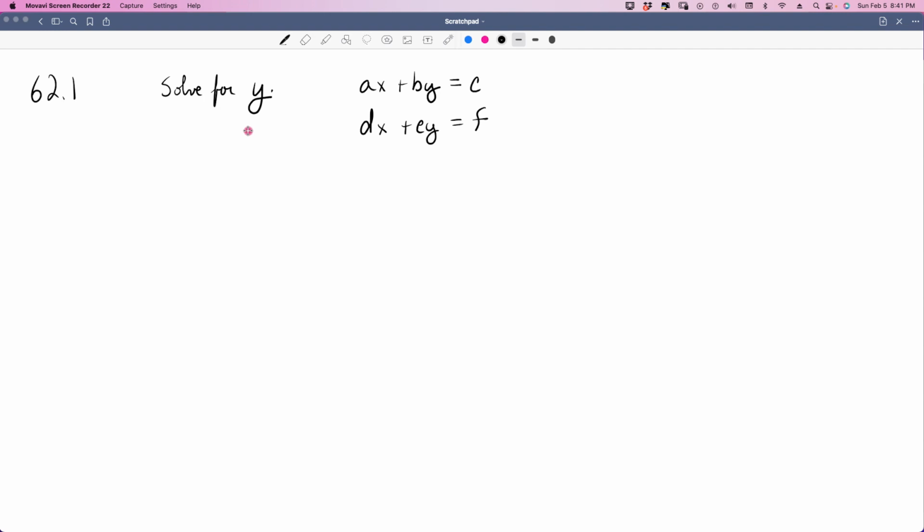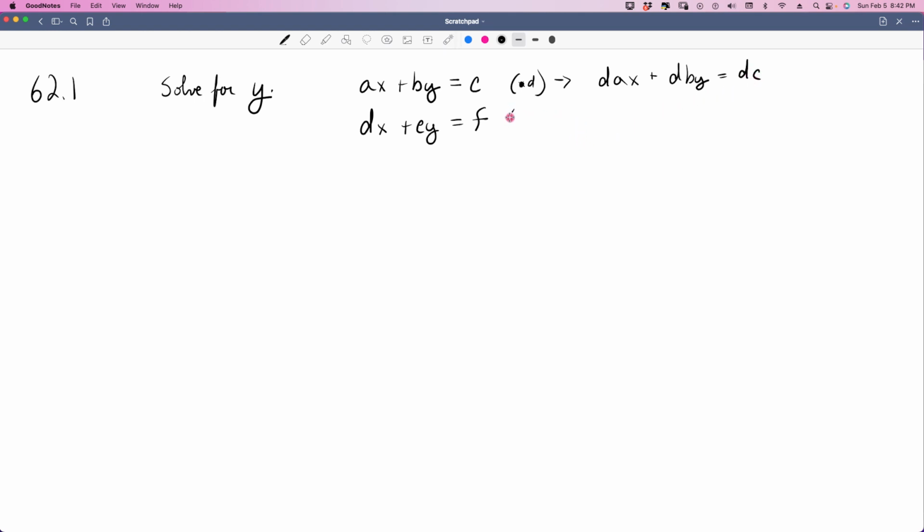So the first thing that we need to do is we are going to multiply by the opposite coefficient, and one of them is going to be a negative. So for the first one, let's multiply this by d. So then if this is multiplied by d, then this is going to become dAx plus dBy is equal to dC.